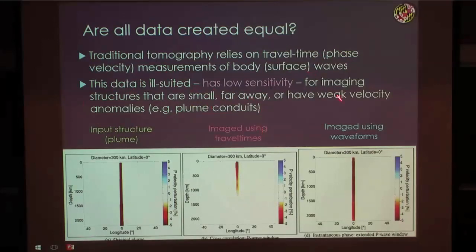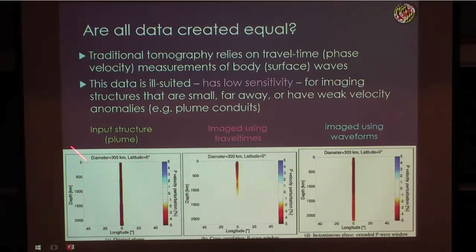However, this kind of data is ill-suited for imaging some small kinds of structures, some structures that geodynamicists and geochemists care a lot about. So for example, here is a figure from Ricker. Here we have a plume, an artificial plume that is like 5% slow in P velocity. It is at some location. It goes through the whole mantle.